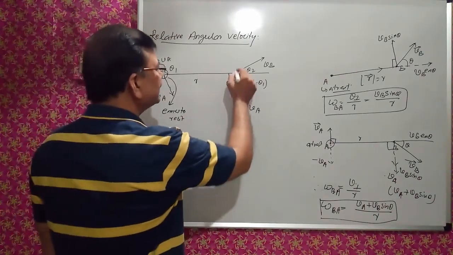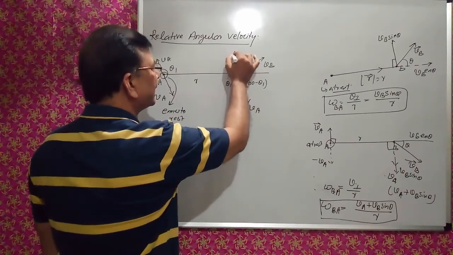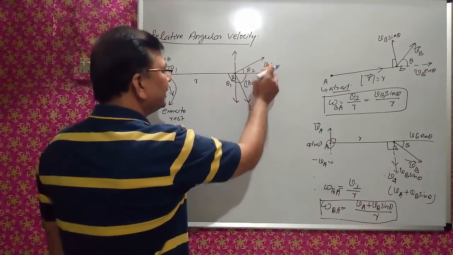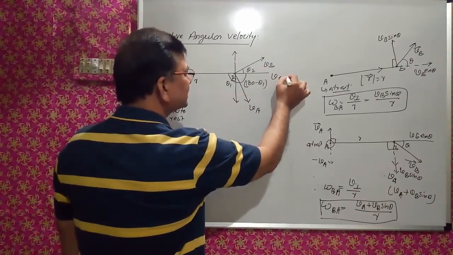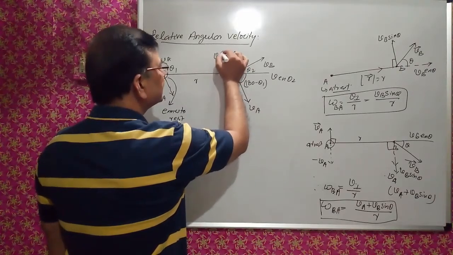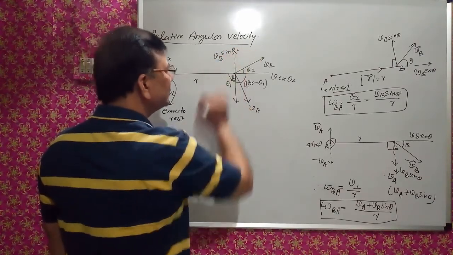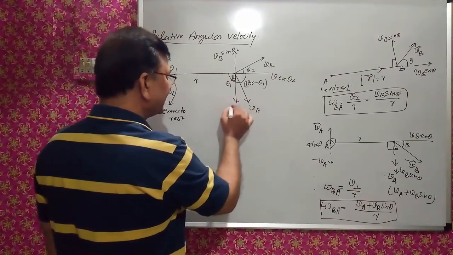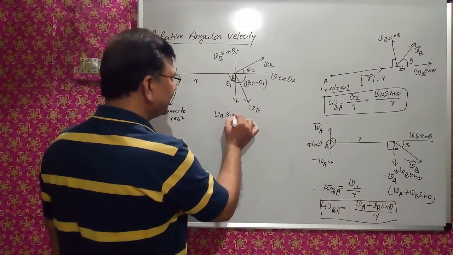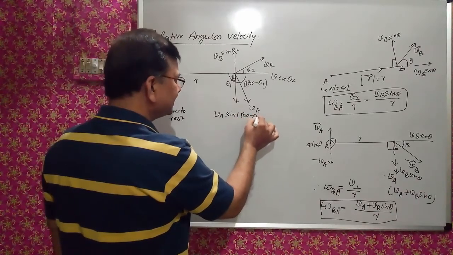See, in that case, two components will come. VB cos theta 2, it is VB sin theta 2. Here VA, in this direction, VA sin 180 minus theta 1.